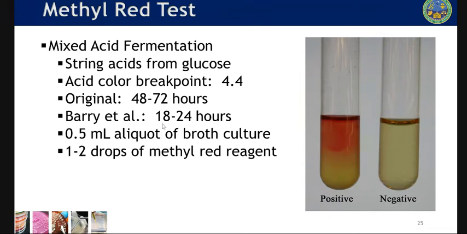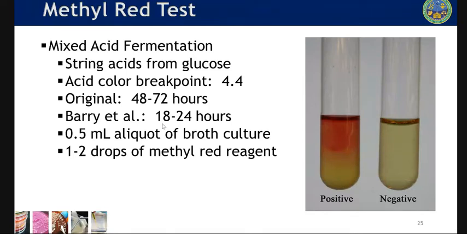When you incorporate the indicator dye reagent, it will change the color, making it red. That's why it is the methyl red test. Originally, the test format is for 48 to 72 hours, but with the modification of Barry et al., it can already be tested for 18 to 24 hours.